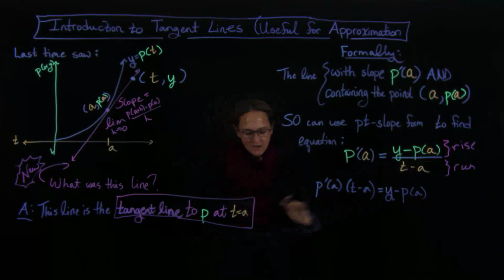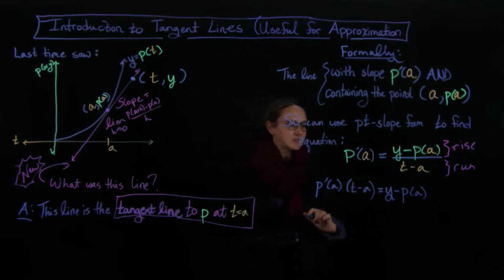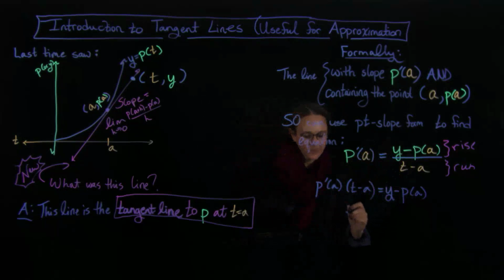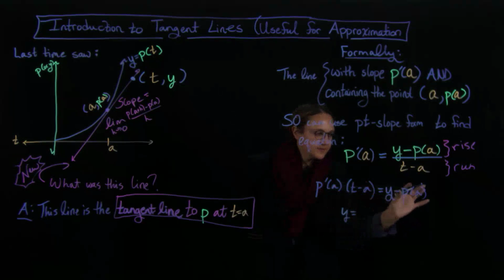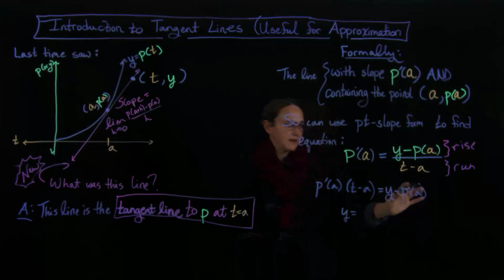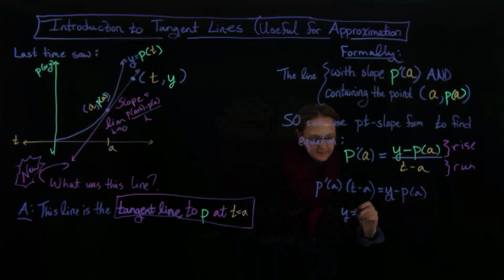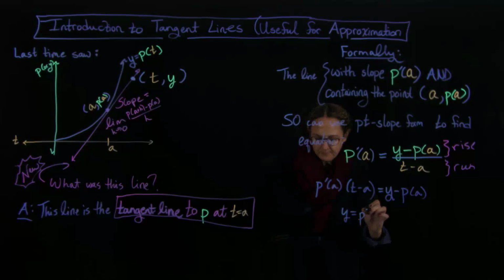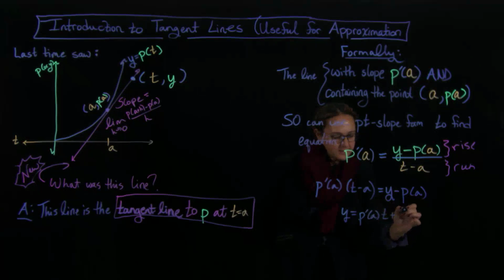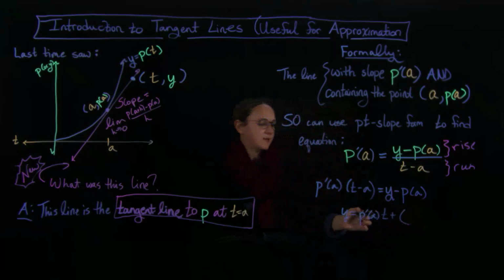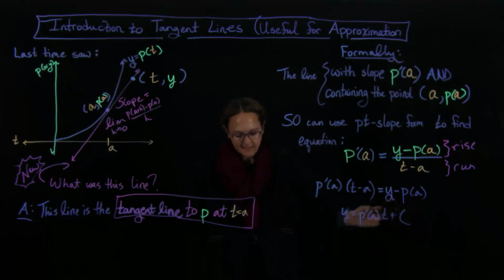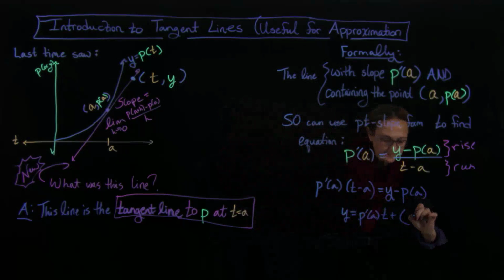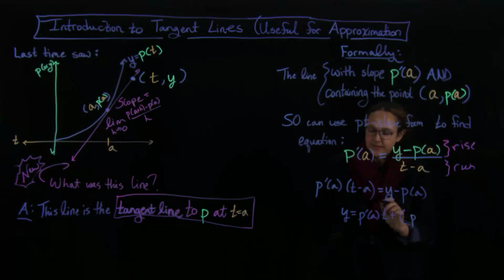Okay, great. So now usually we like to solve for y. So this gives me y equals, and then I have this part, and then I'm going to add this p of a to both sides. So I'm going to get p prime of a times t plus, this is my input variable, so this is like my slope times my input variable, and then I have my intercept, which is actually going to be, right, so what do I get?